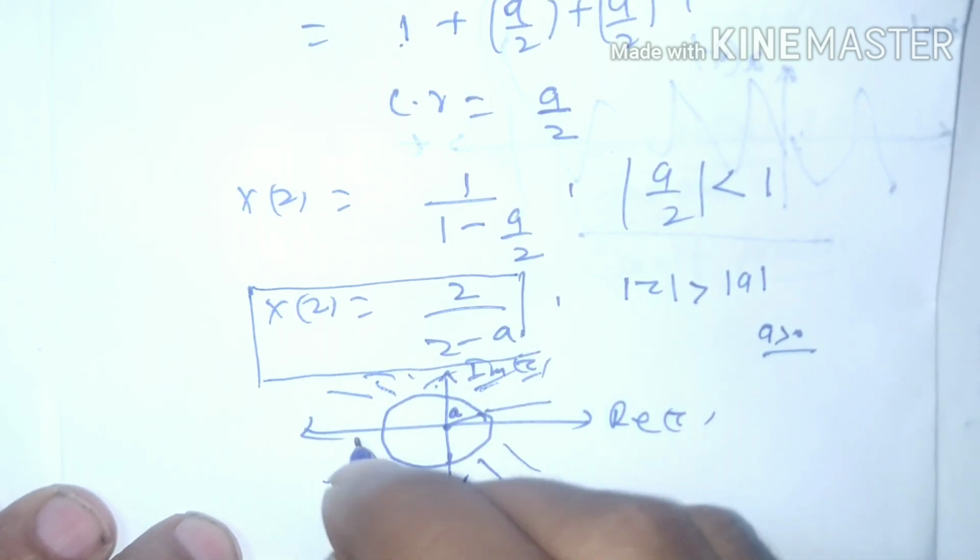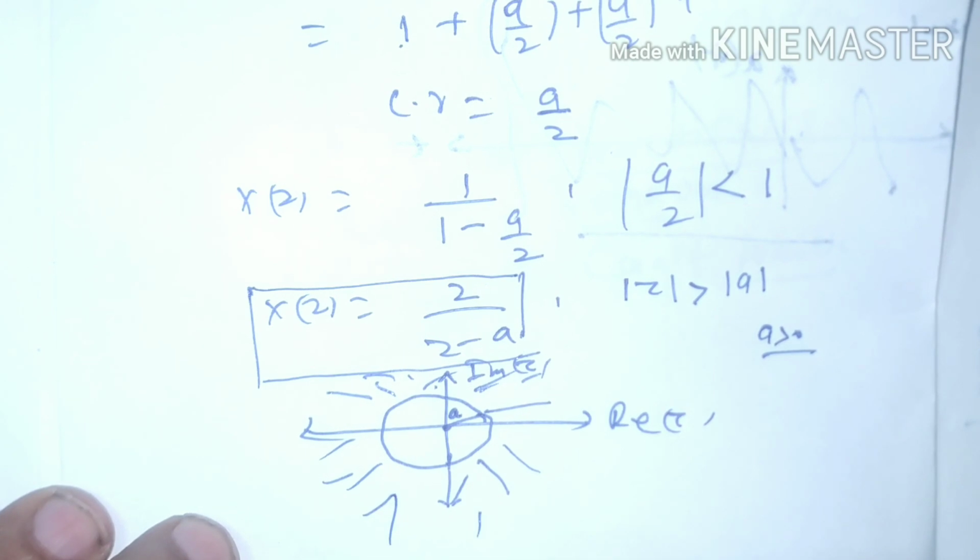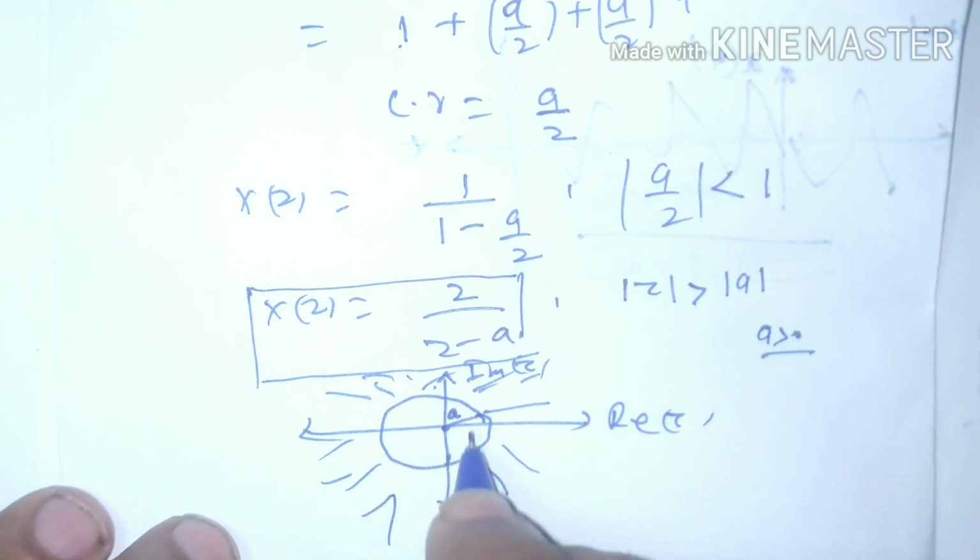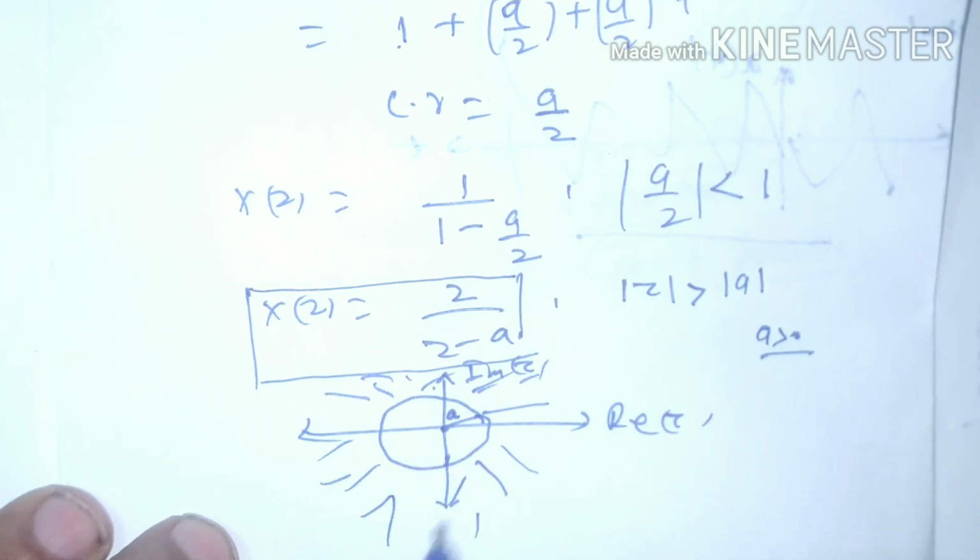This will be the ROC of this Z transform. The ROC does not include the radius and the inner part of this radius. Only the exterior part of this radius will be its ROC.